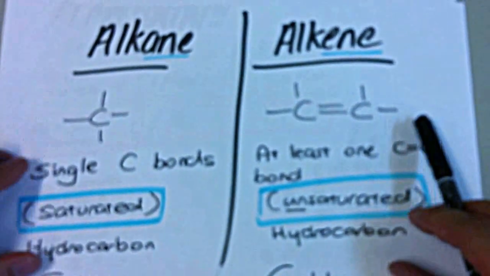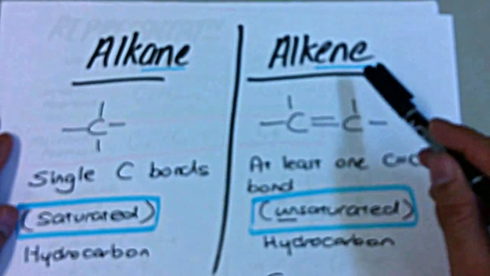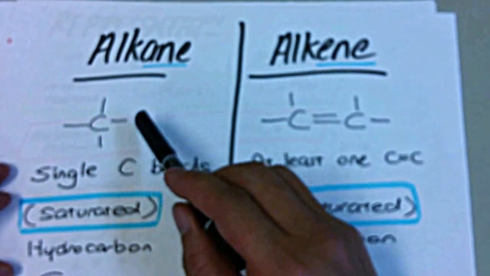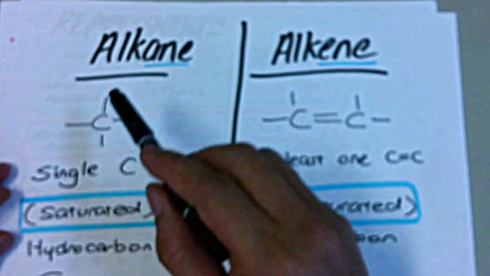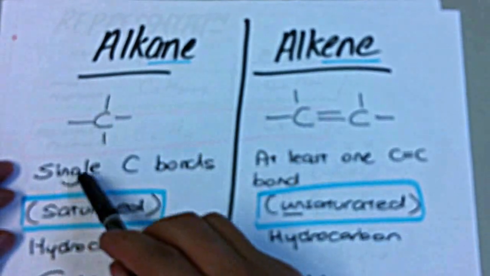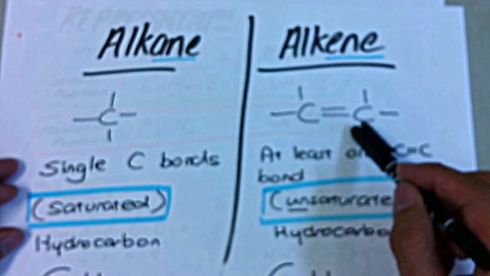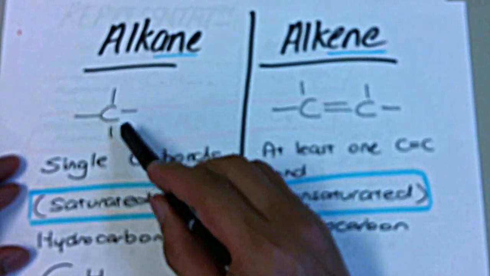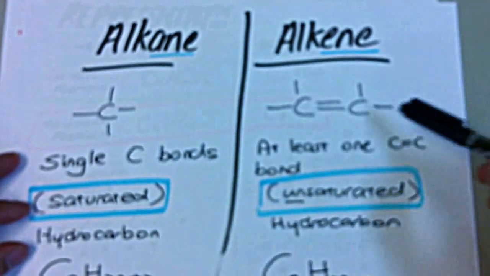Okay, 2 homologous series that we want to concentrate on will be alkanes and alkenes. In the case of alkanes, they are hydrocarbons, basically hydrogen and carbon molecules that contain only single carbon bonds. Alkenes contain double carbon bonds. Because alkanes contain single bonds, they are known as saturated.